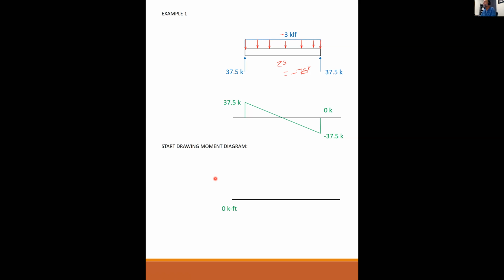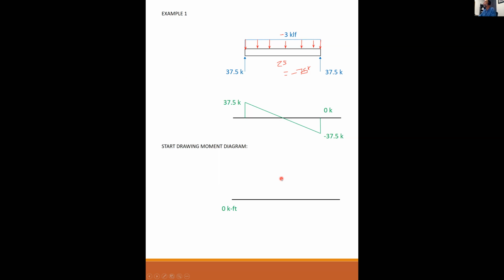So how do I know where the maximum moment is? When the shear is equal to 0 at the inflection point, yes, that is your maximum moment.